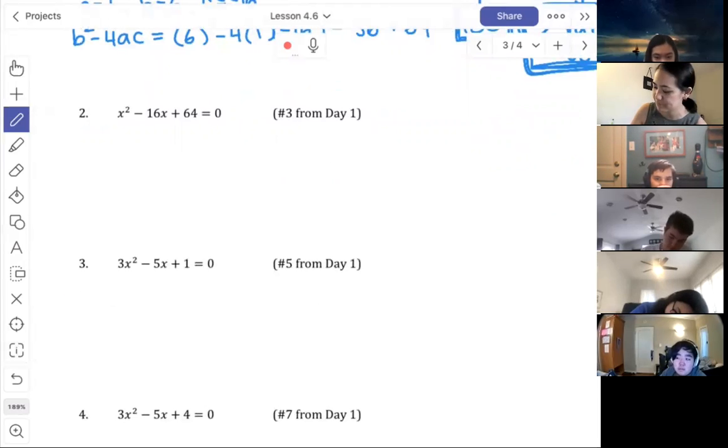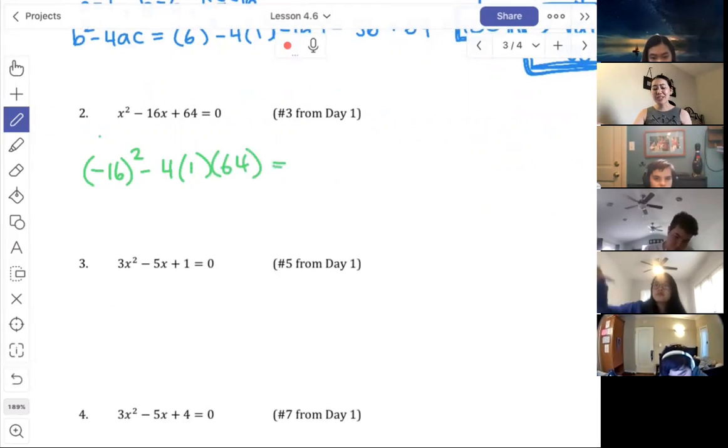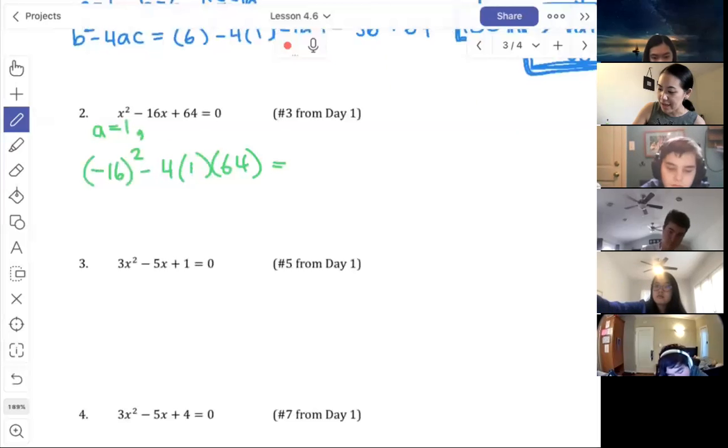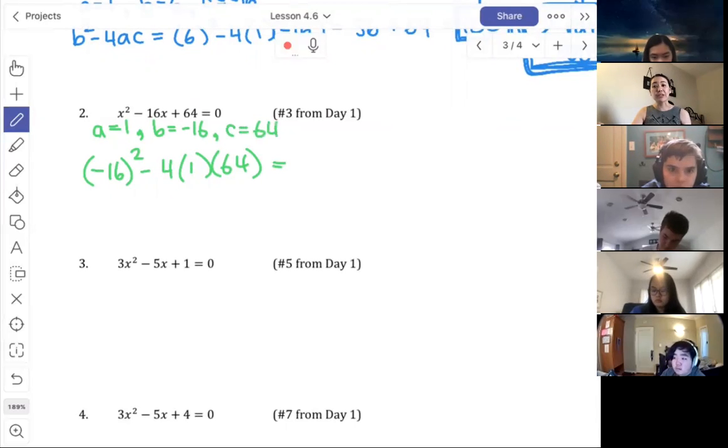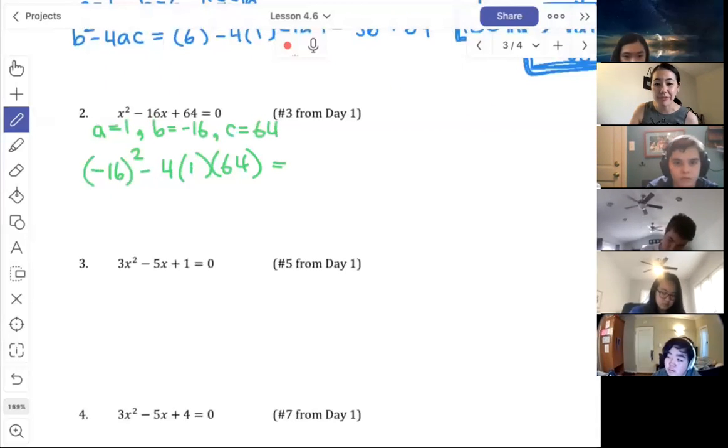Then we have negative 16 squared minus 4 times 1 and then times 64. Good, awesome. And you can skip right to that step. If you want, you could write out what a, b, and c are, if that helps you. But you definitely can skip that step if you want.